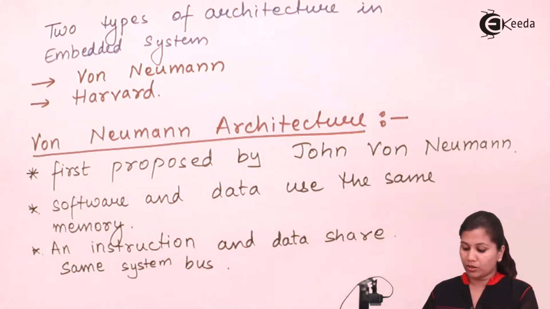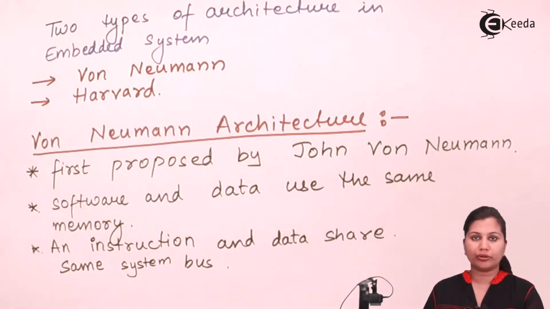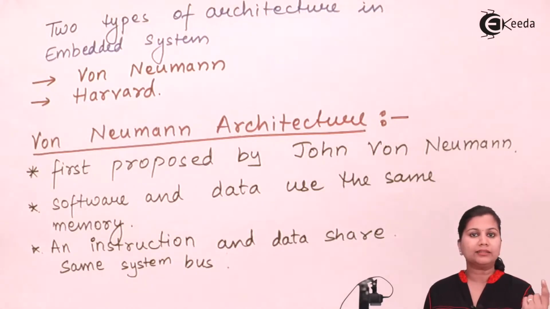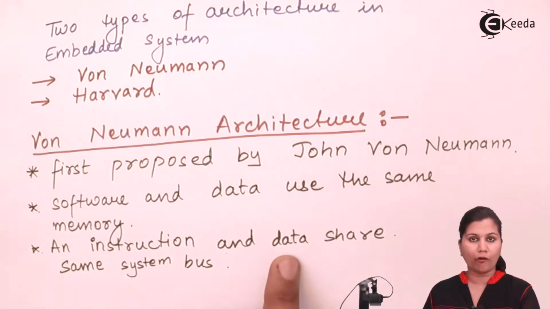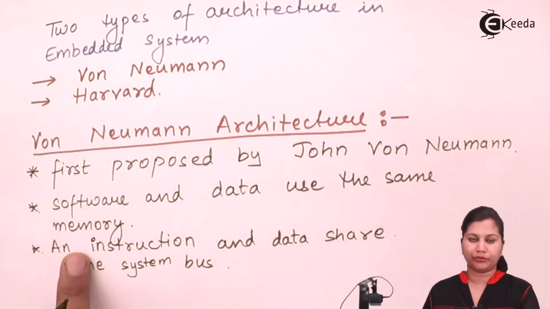Now, because they are using the same system bus, that is also going to create a problem, because at one time either the data can be transmitted or the instruction can be transmitted. So a data operation and an instruction cannot be executed at the same time.